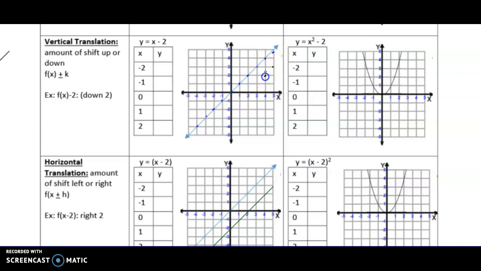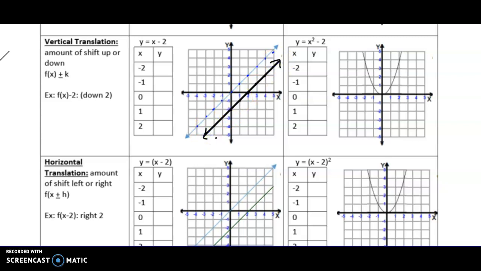Another point, down 2. Here we go, down 2. And so on. Okay, so that would be a vertical translation of -2. We went down 2. All right, and then we can connect the dots there to show that it's a line.